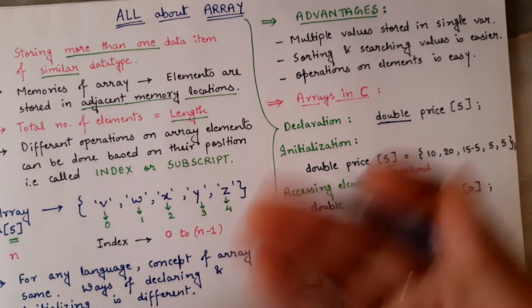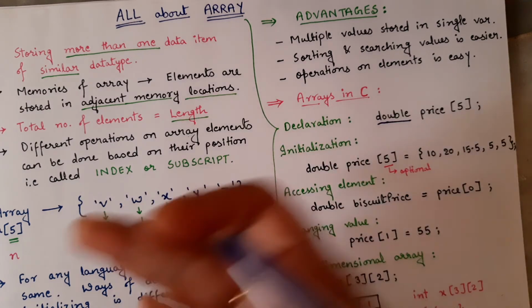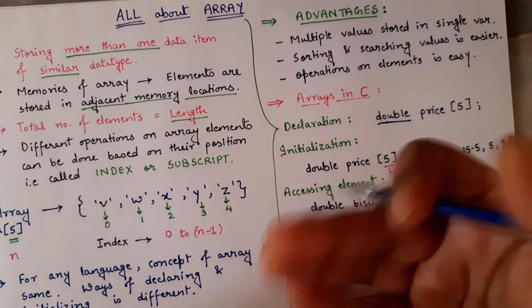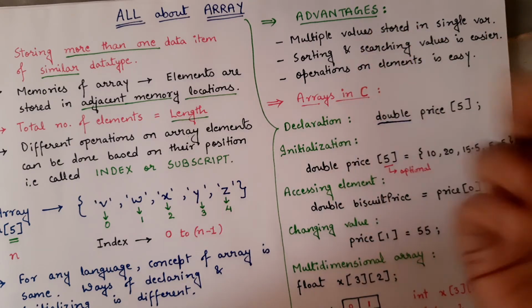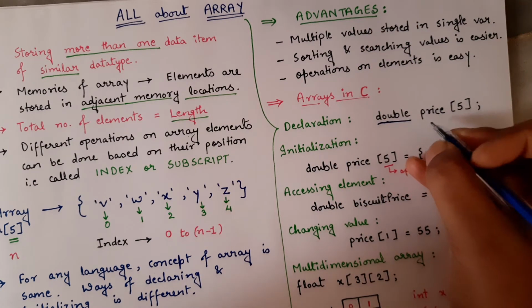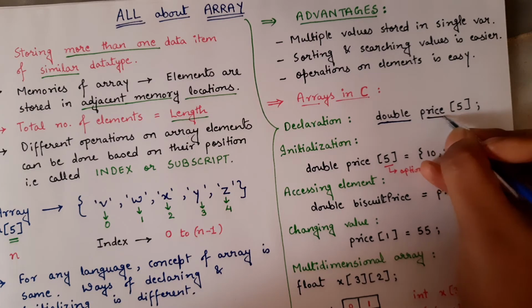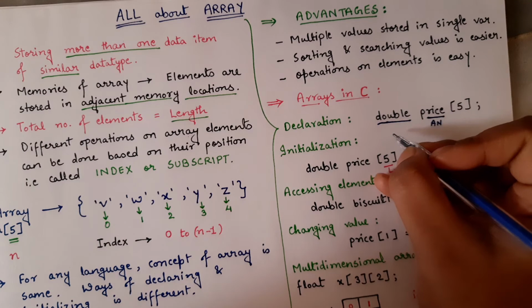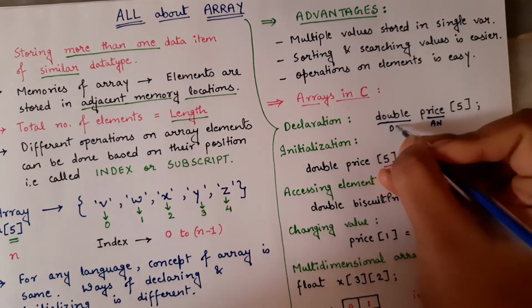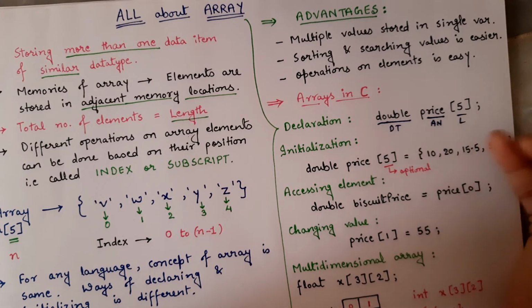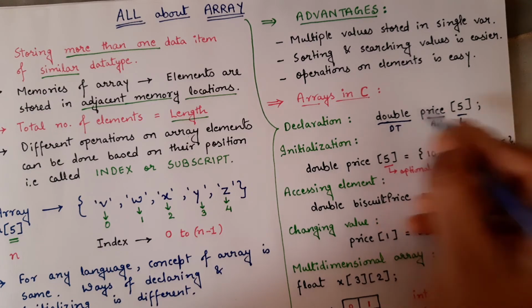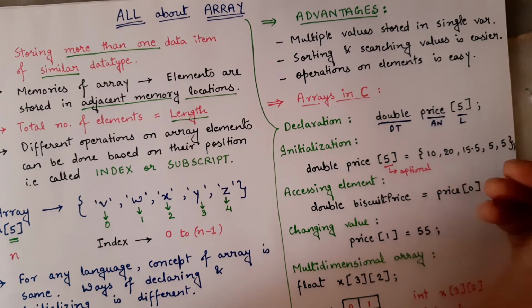If I have numbers like 1, 2, 3, 4, 5 that I want to store, it will be integer data type of array. Similarly, here we want to store price. So this price is my array name, this double is my data type, and this 5 is the length of your array. So data type, your array name, and then the length.